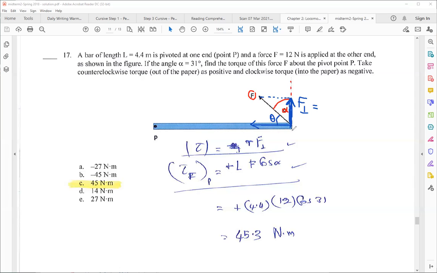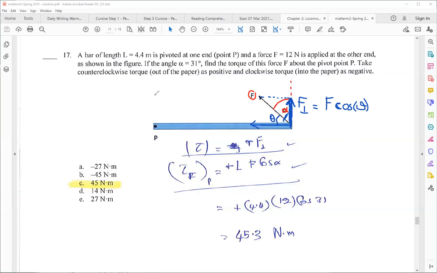But now we're giving you an angle relative to the vertical, so F perpendicular becomes the adjacent to this angle alpha. That means F perpendicular will be the magnitude of force times, not sine this time, but cosine theta, which is quite unusual because we are used to sines in the formula for torque.